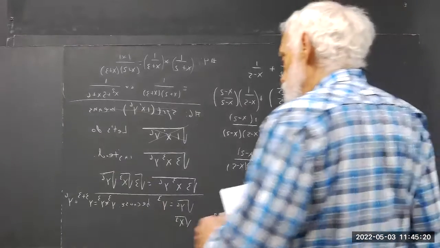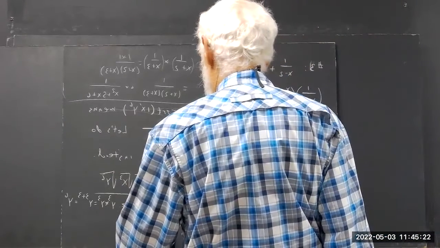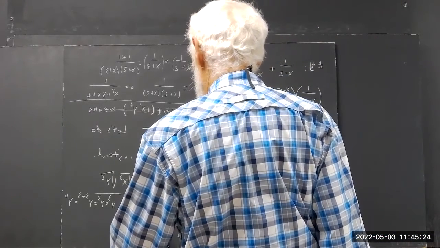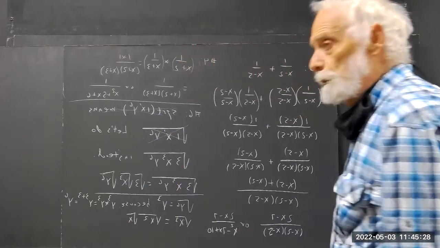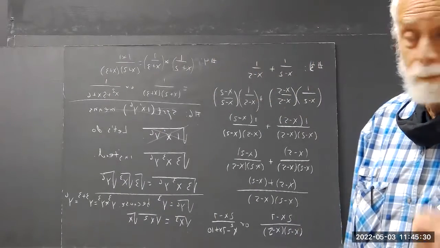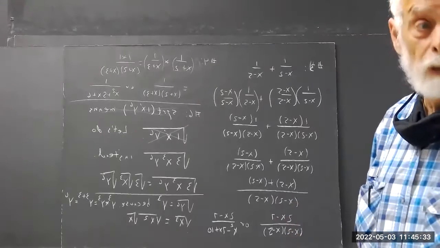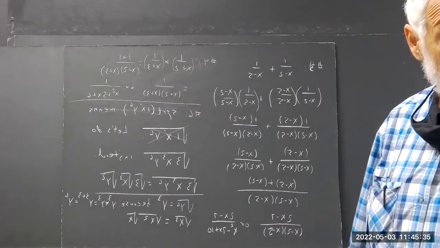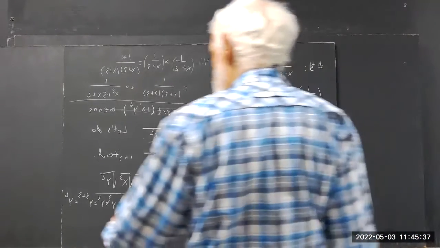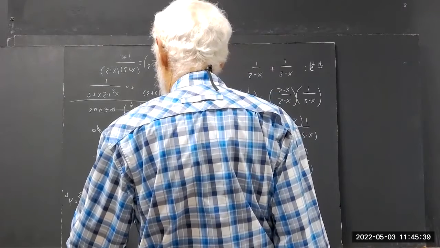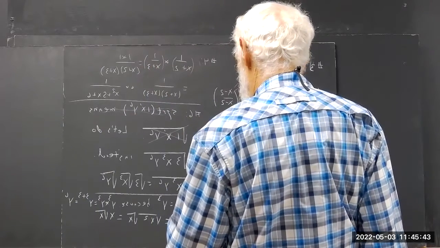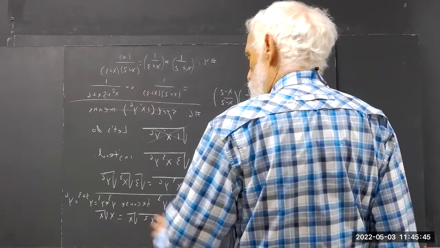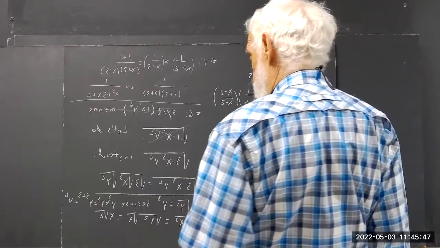We're going to write this as the square root of x squared times the square root of x. The square root of x squared is just x, because x times x is x squared. So we can write it that way.